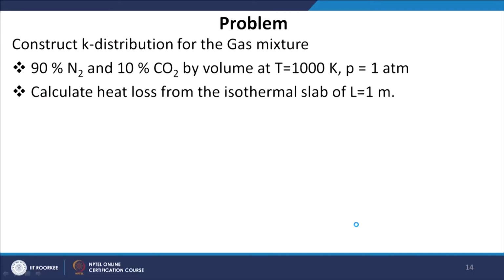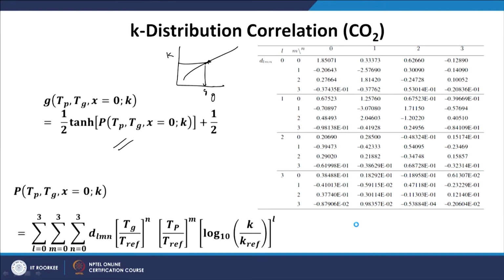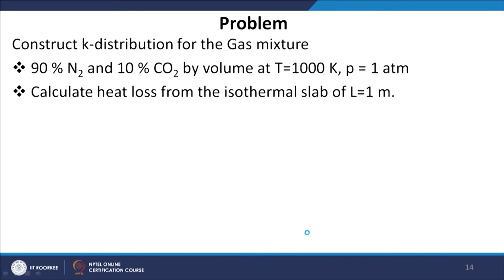We will use this correlation first to generate the K distribution for CO2. Because CO2 is only 10%, first we generate the K distribution for pure CO2. Let us say this is the K distribution for CO2. The magnitude of K varies from, let us say, 1 to 100.